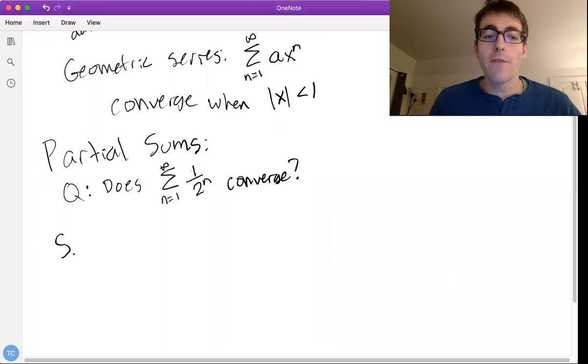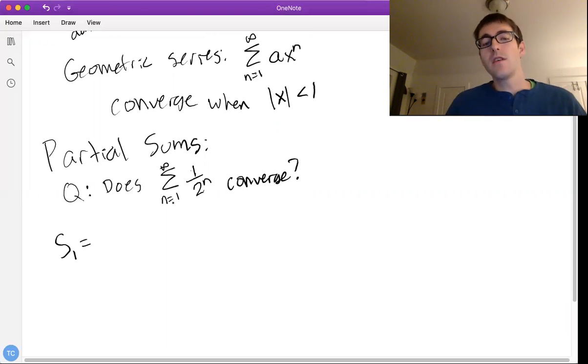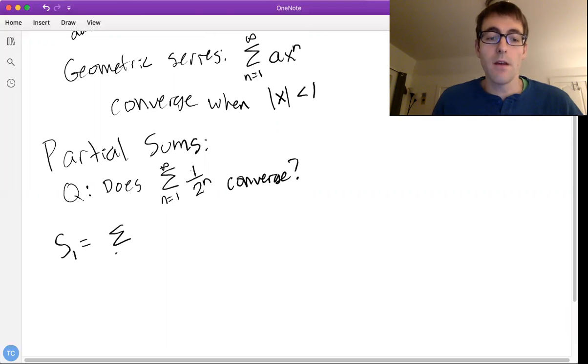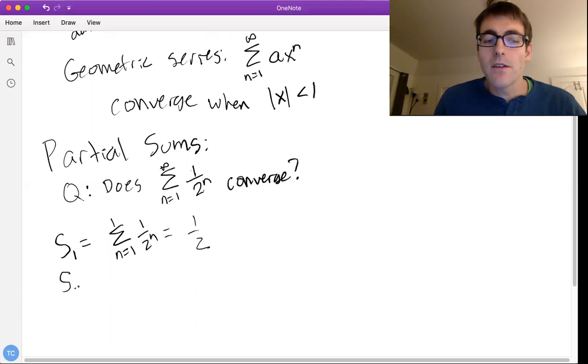Starting off with our first term, S1 is the sum going all the way to the term 1. So this is the sum from n equals 1 to 1 of 1 over 2 to the n. Well, this is just 1/2. Then the second term in our sequence, S2, is the sum from n equals 1 to 2 of 1 over 2 to the n.